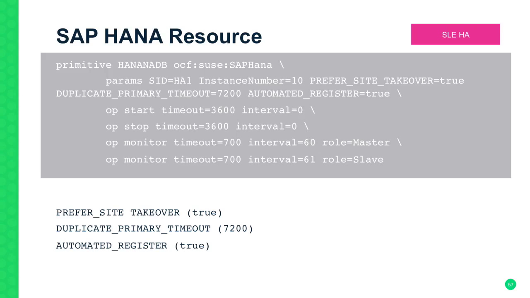But this figure is set to 2 hours. And basically, it gives you 2 hours for a SAP admin or a systems admin to come in and say, actually, no, I won't automatically register, or to say, yes, go on and register. But after 2 hours, after a node failure, if this is set to true, that crash primary will re-register straight away.